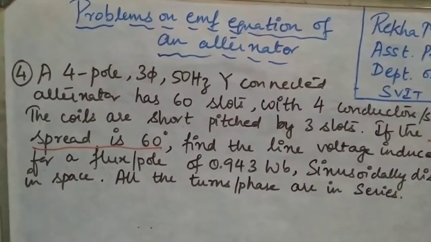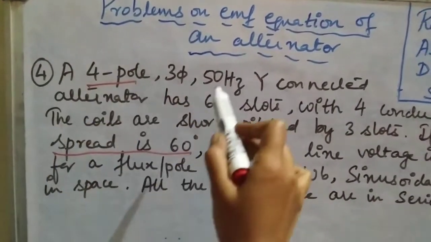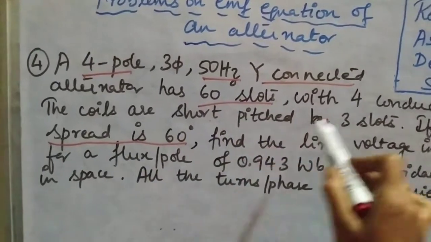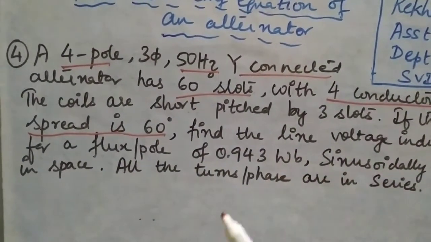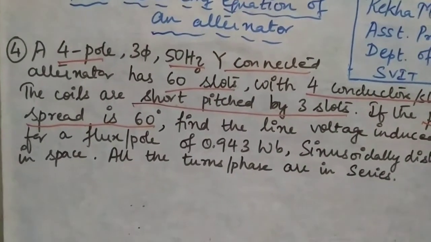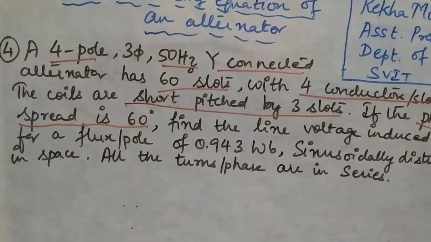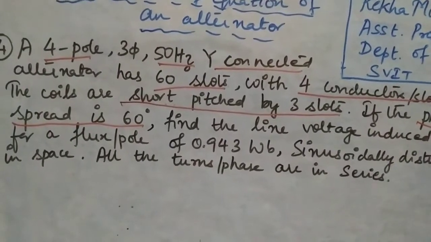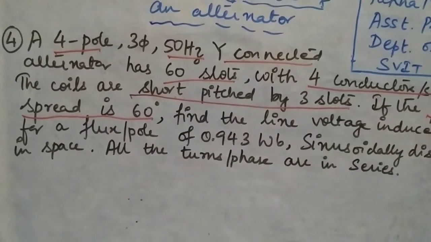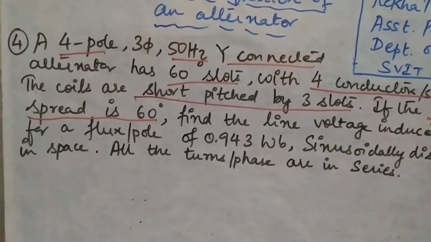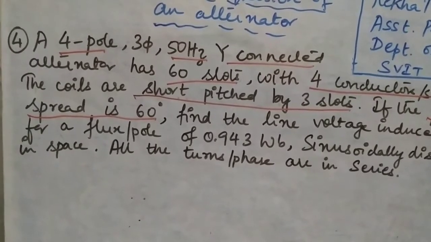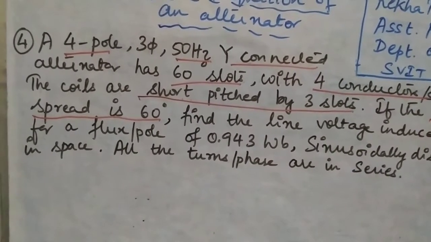Here the pole is 4-pole, 50 Hz, star connected, with 60 slots and 4 conductors per slot, and the coils are short pitched by 3 slots. That means alpha is equal to how many times beta? 3 times. Sometimes in some problems they will mention that the pitch of the coil is 2 slots less than the pole pitch, or 3 slots less than the pole pitch.